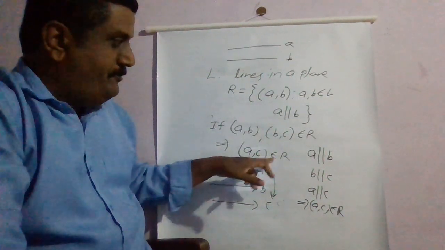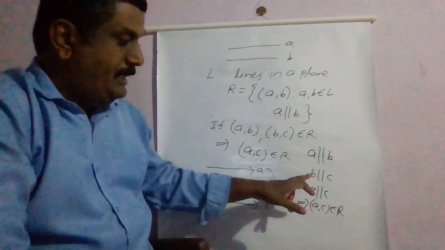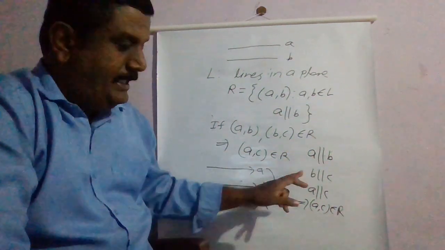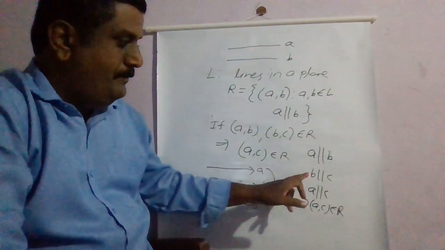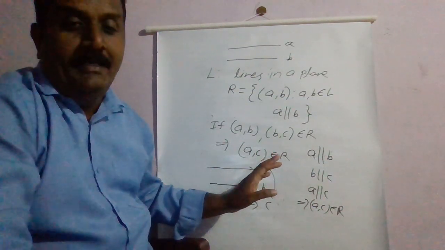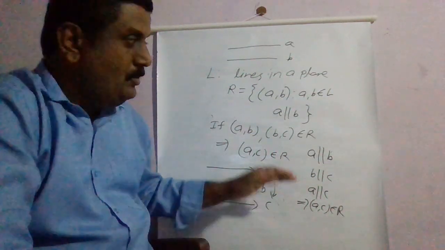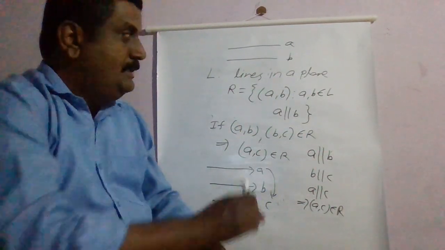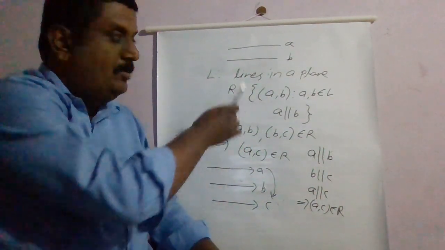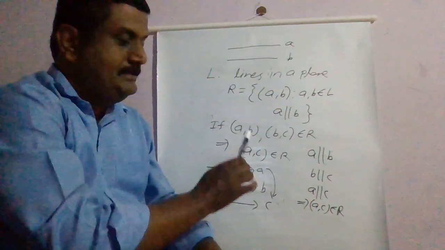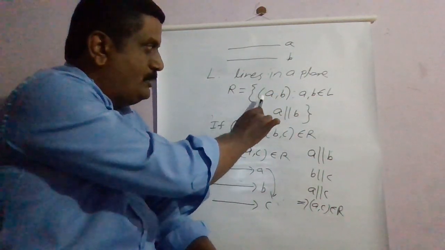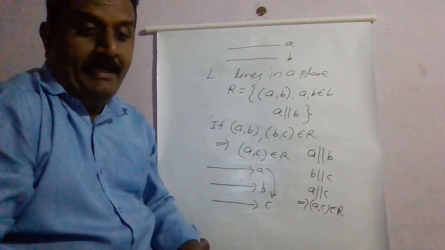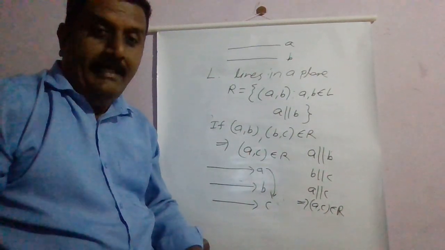Then for the transitive relation, if a line A is parallel to B, and B is parallel to C, then clearly line A is parallel to C. That means AB belongs to R, BC belongs to R clearly implies AC belongs to R. So we can conclude that this relation is an equivalence relation. That means the relation defined on the set of all lines in a plane, R equal to the set of all ordered pairs AB such that A and B belong to L where A is parallel to B, is an equivalence relation.